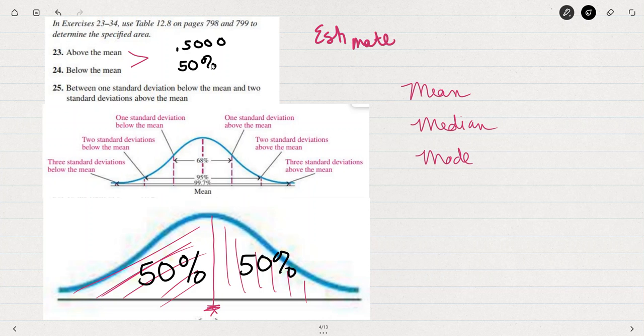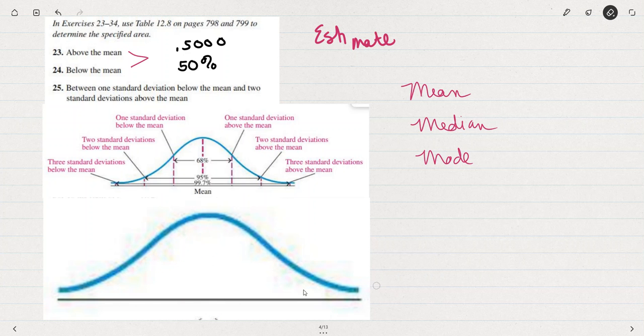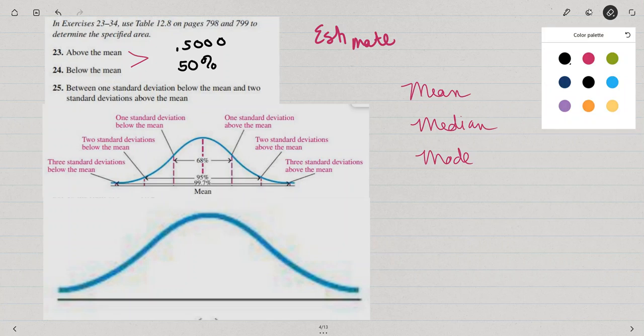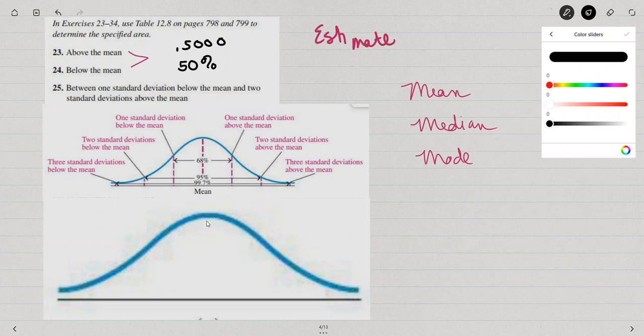And then when we get to a question like number 25, between 1 standard deviation below the mean and 2 standard deviations above the mean, we could do an approximation, an estimate to start with.